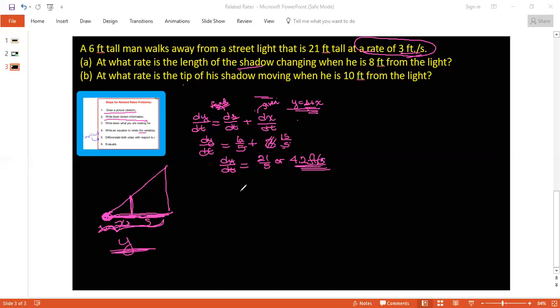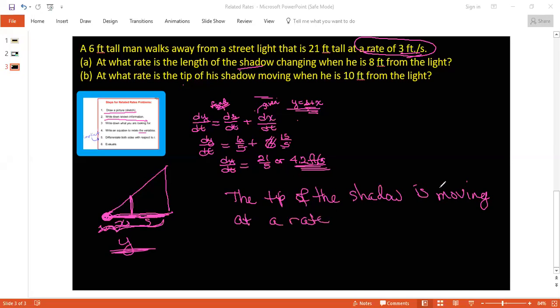So you want to write it down as, the tip of the shadow is moving at a rate of 4.2 feet per second.